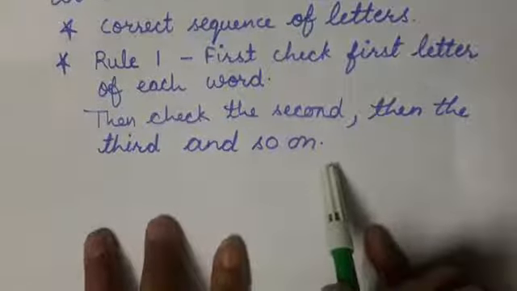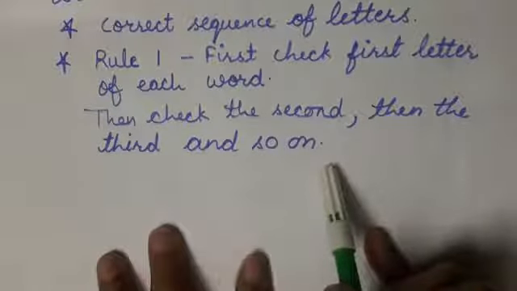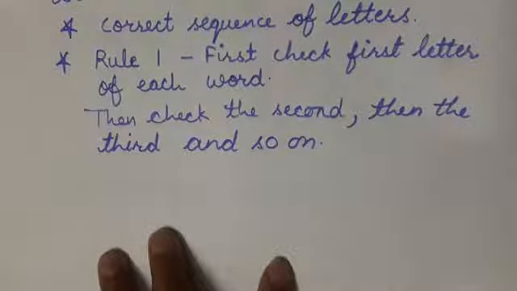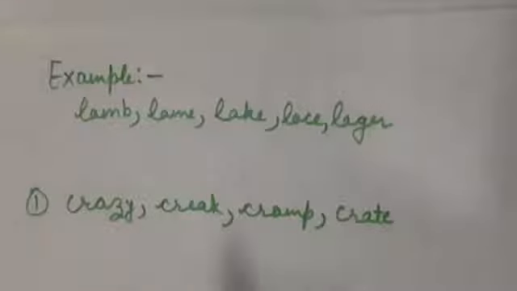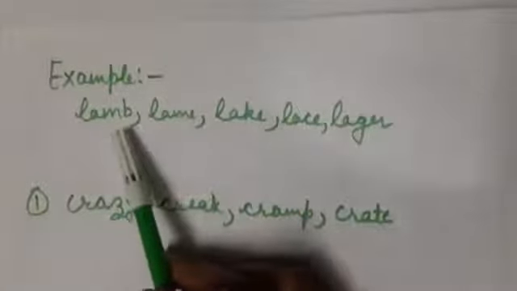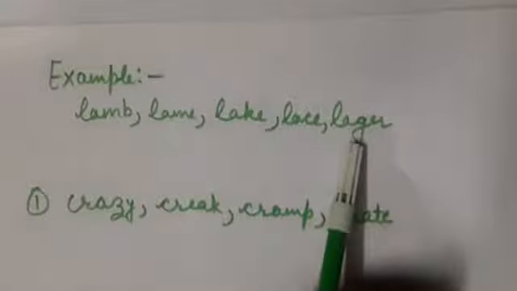So we have to check each and every letter of the word to arrange the word in alphabetical order. So I am going to take an example, where there are 5 words which I am going to arrange in alphabetical order.